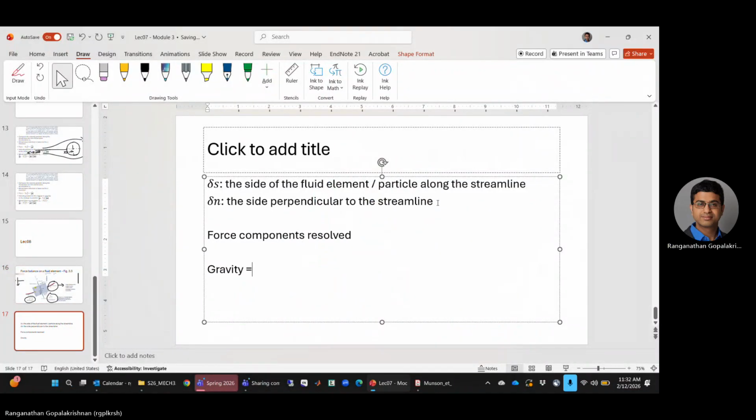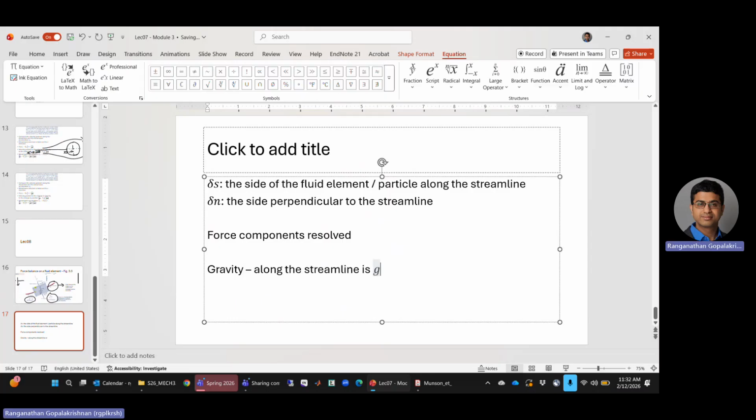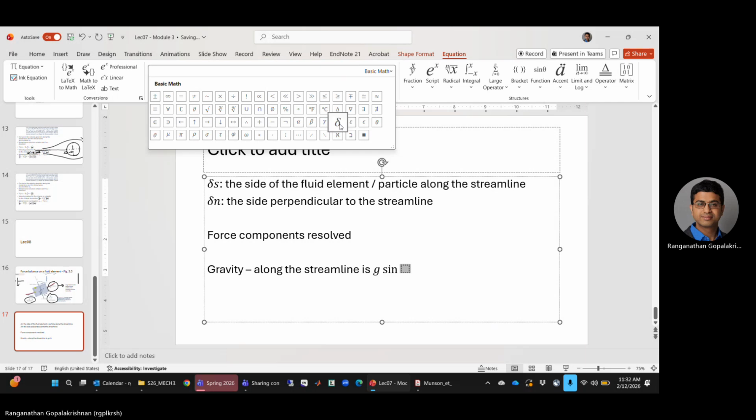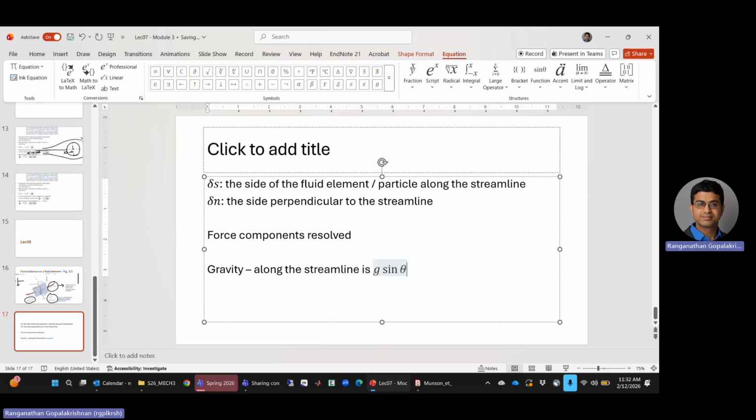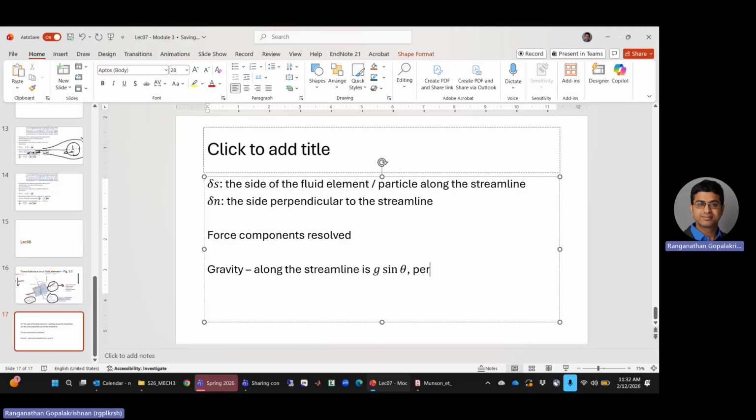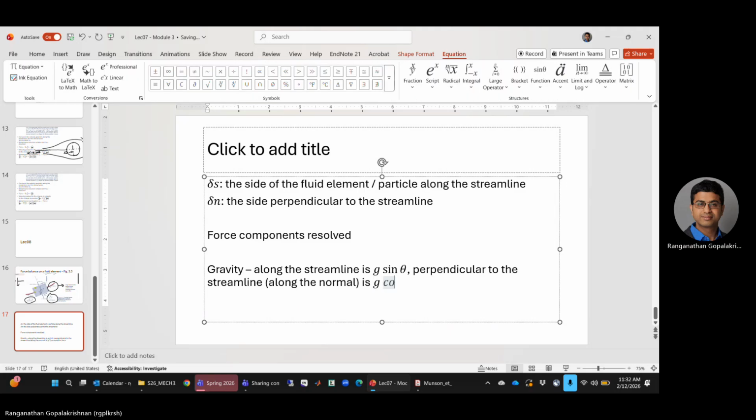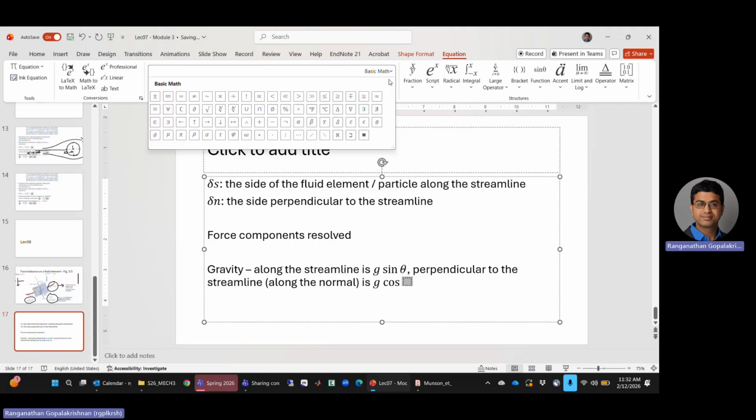Gravity along the streamline is G sine theta, and perpendicular to the streamline, or in other words, along the normal, is G cosine theta.